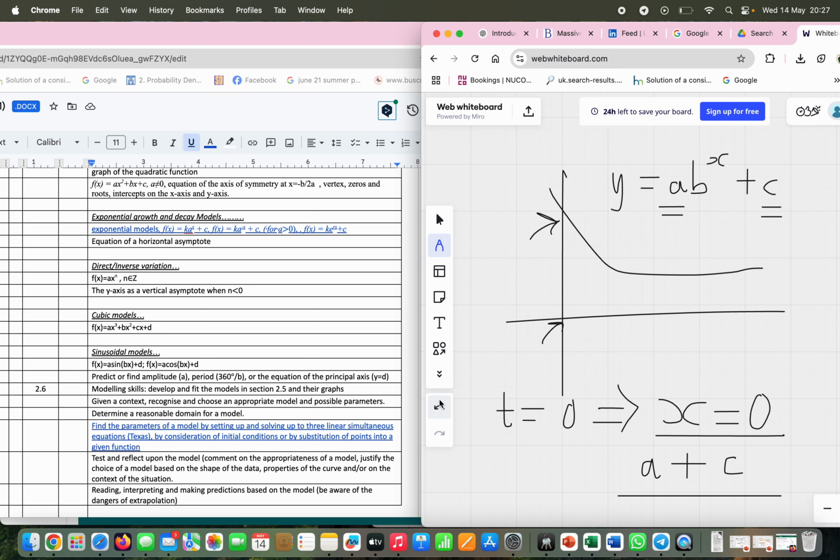Later on in these questions, they will also ask you what is going to happen as the function levels off. And this is going to be the asymptote. And remember, the asymptote is always going to be c. So whatever the value of c is in the equation, that is going to be the value this line will tend towards but never quite touch.